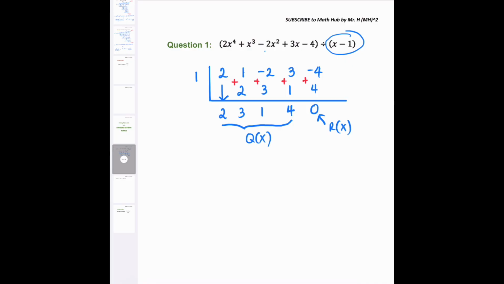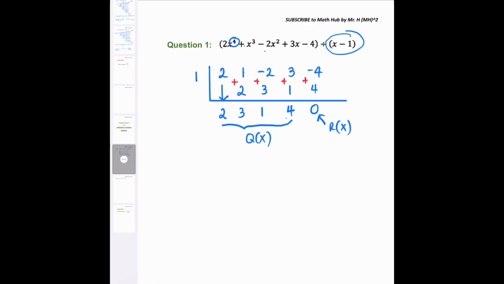How do we write the quotient or the q of x? So since these numbers are coefficients of our q of x, for the expression of the q of x itself, you just simply subtract 1 from the exponents of the original dividend.